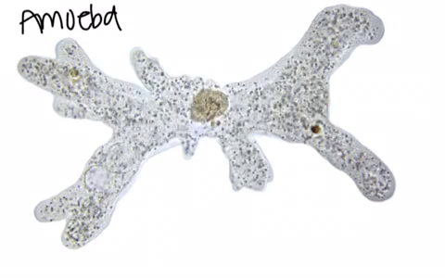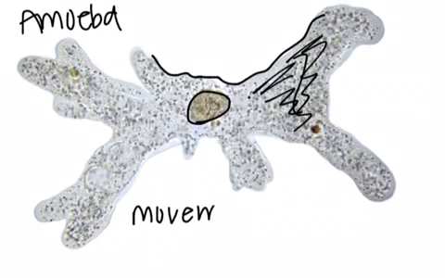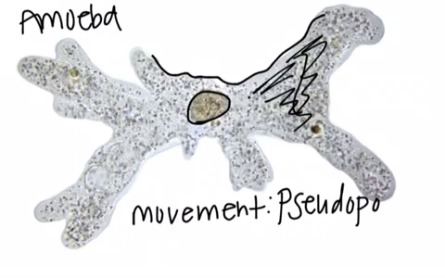If you notice right here in the central portion of this unicellular, this single-celled organism, we have its nucleus. We have this kind of irregular cell membrane that's holding in all this cytoplasm inside the cell. So, let's first address how the amoeba moves. The amoeba moves using something we call pseudopods.